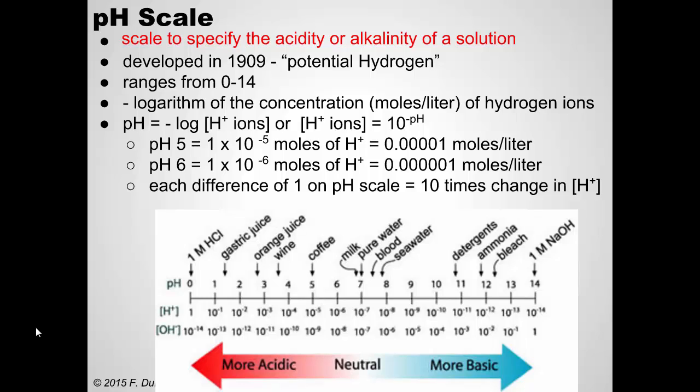So a low pH number means a stronger acid. A higher pH number means a weaker acid or a stronger base, with 7.0 right in the middle. The numbers actually are the negative logarithm of the concentration of hydrogen ions.